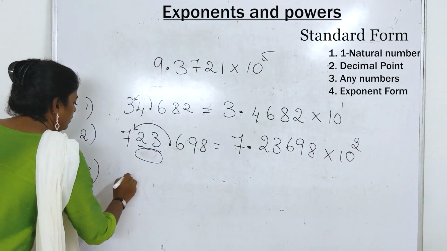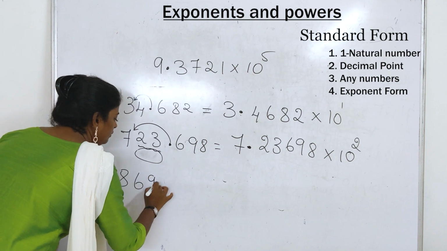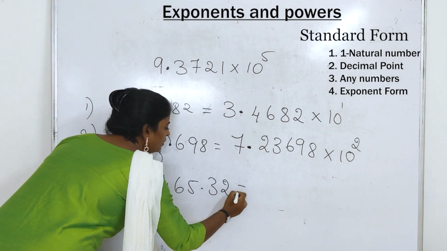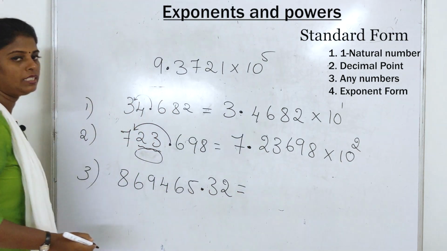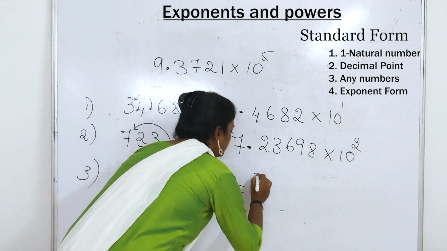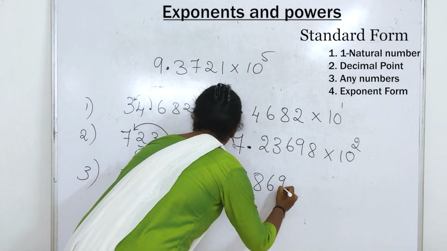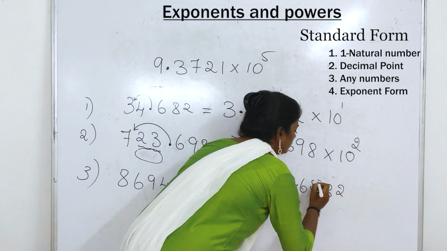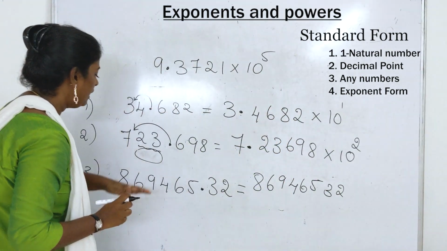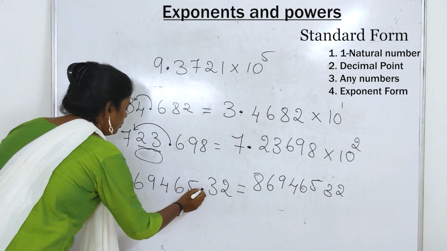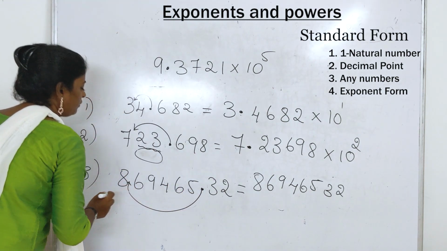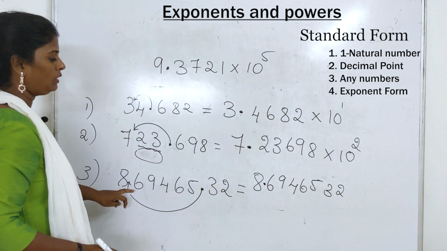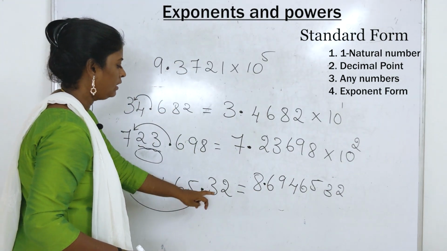Suppose 86946.532. If it is like this, then we have to write 86946532. Just write all the numbers and then shift the decimal point just after the one natural number, 8.6946532.